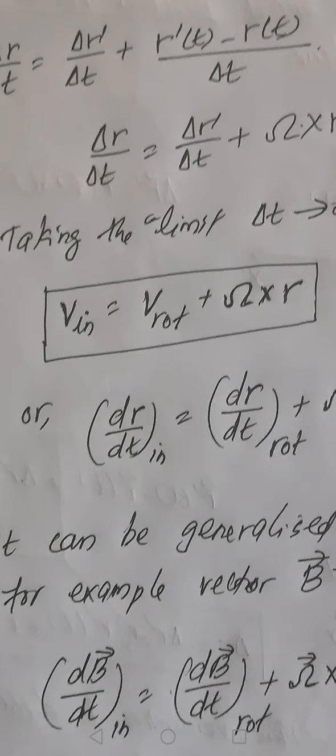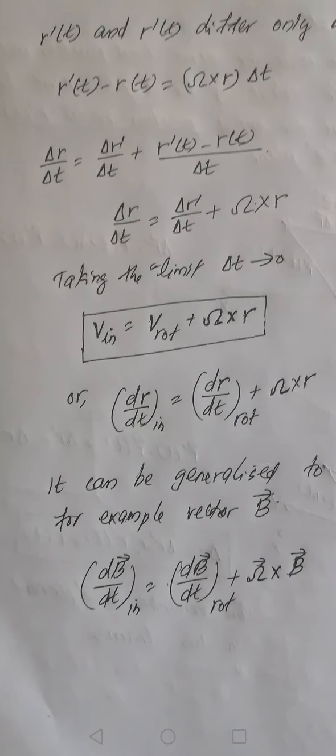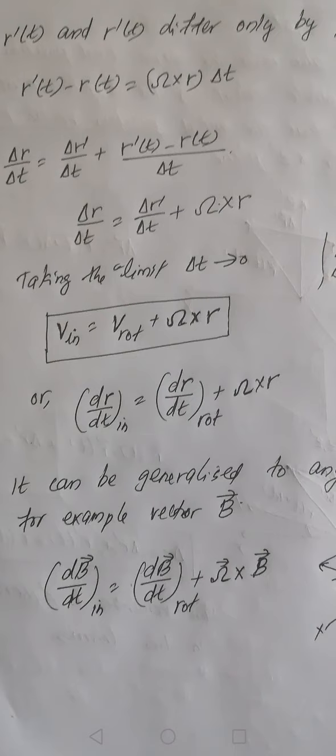Very important relation: v inertial is equal to v rotational plus omega cross r. The change between v inertial and v rotational is due to omega. Omega is actually the angular velocity. This can be written in another form: dr by dt inertial is equal to dr by dt rotational plus omega cross r. This is just another notation, another way of writing.